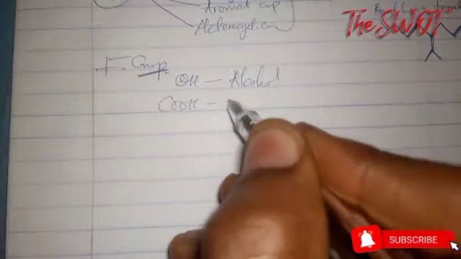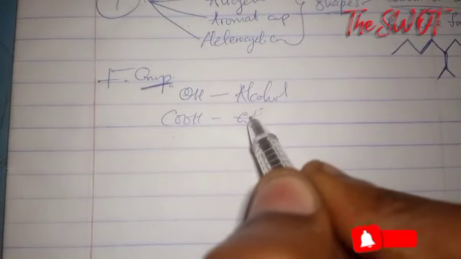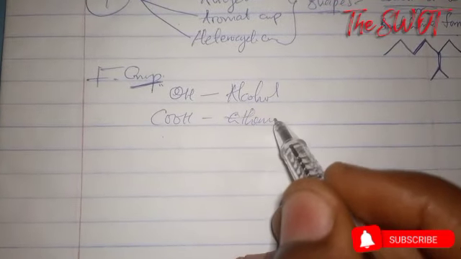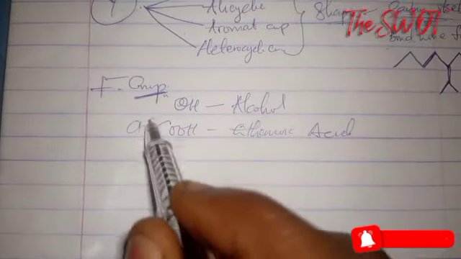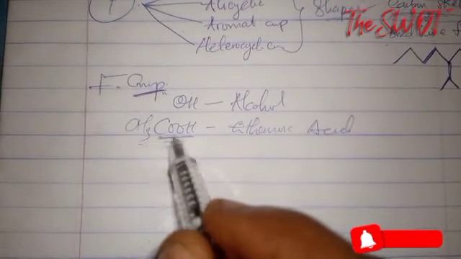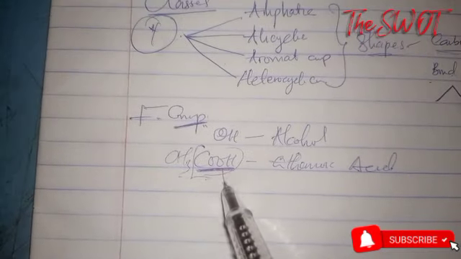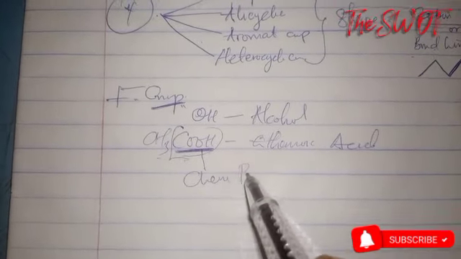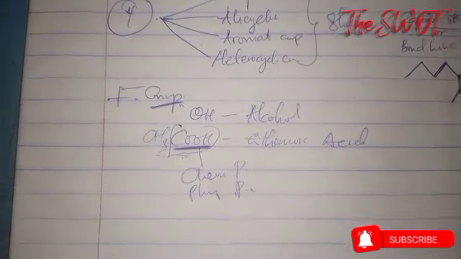We also have other functional groups like carboxylic, for example ethanoic acid, CH3COOH. So this becomes the functional group, which will determine the chemical properties and physical properties of the compound.